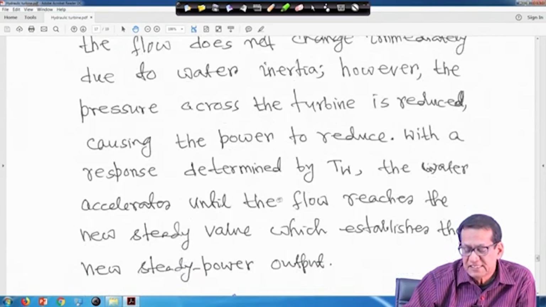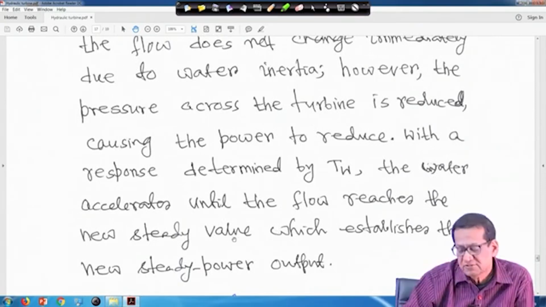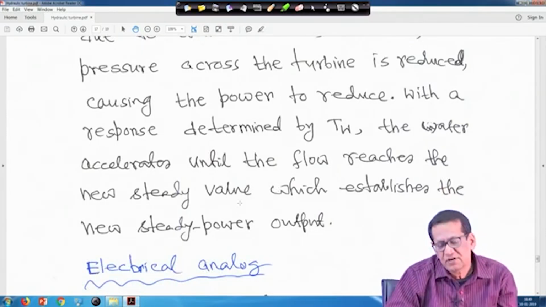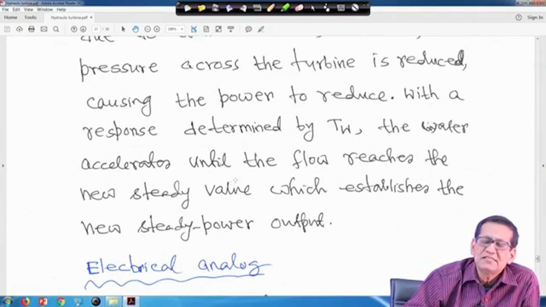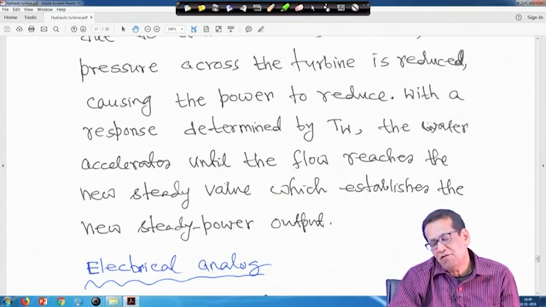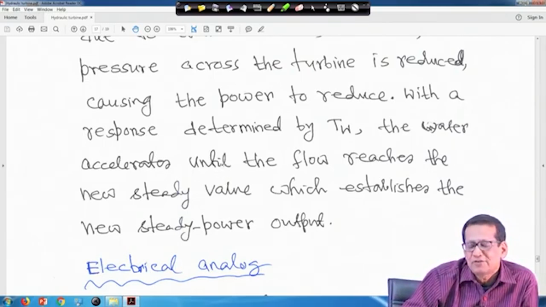The water accelerates until the flow reaches the new steady state value, which establishes the new steady state power output. So for a hydro turbine, suppose there is a sudden increase in the load demand. Initially the hydro power generation cannot increase immediately; instead of generating more power, initially it decreases, and after some time it goes up.